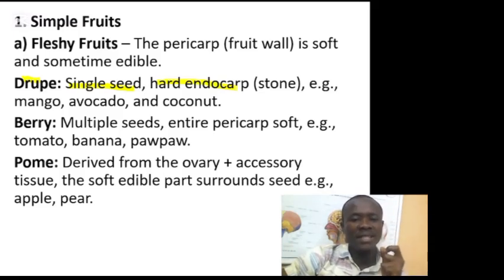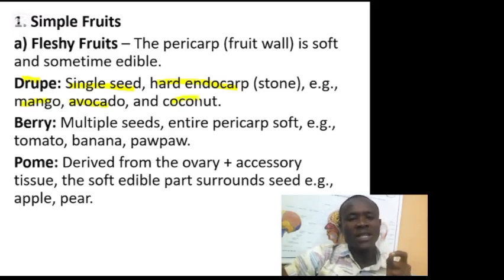In some cases, they are fibrous in nature, the mesocarp, like we have in coconut. But the endocarp of them, all of it, it is what? Hard. So examples we have are mango, avocado, and coconut.